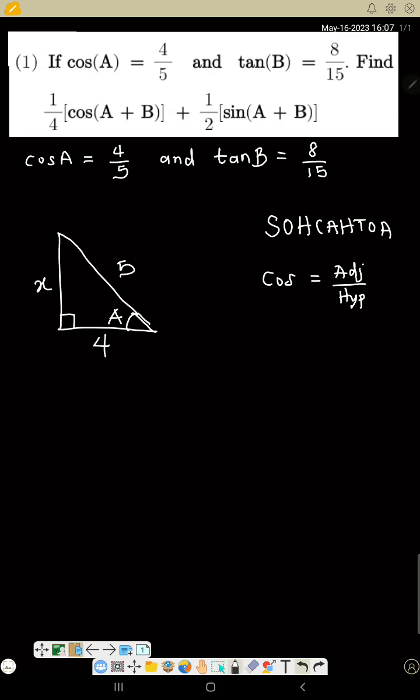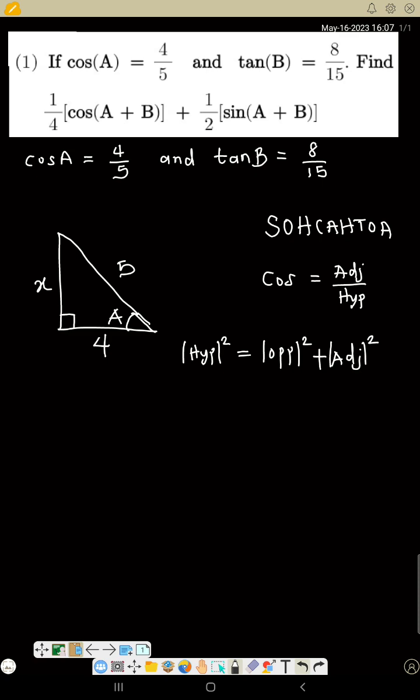Using Pythagoras theorem, we have hypotenuse square equals opposite square plus adjacent square. Now we can substitute the values to get our opposite.